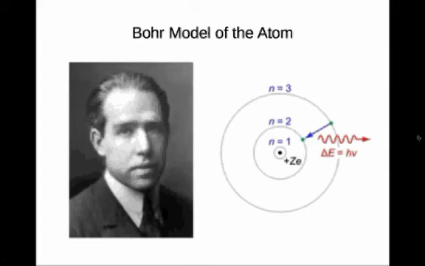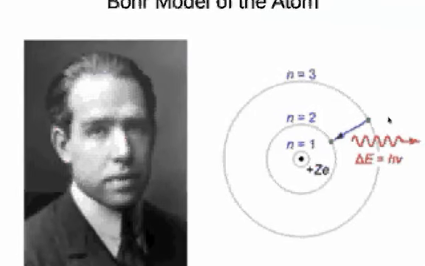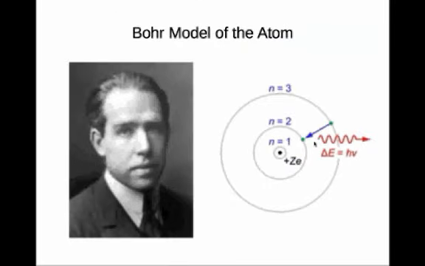Bohr explained line spectra as electrons absorbing the energy of the electric current and jumping up to a higher energy level. As the electrons drop back down, they emit that extra energy, which is given off as a photon of light at a specific wavelength, depending upon how many levels the electron is dropping and which level it is dropping from.